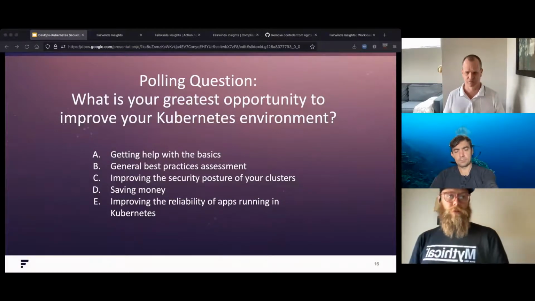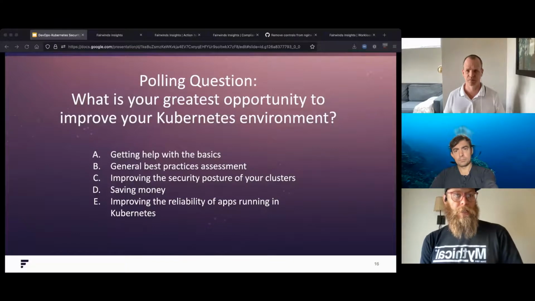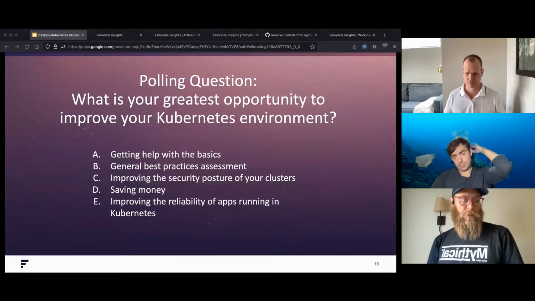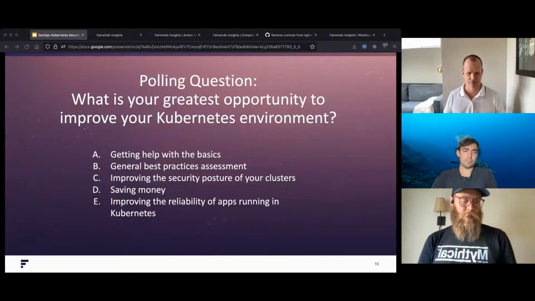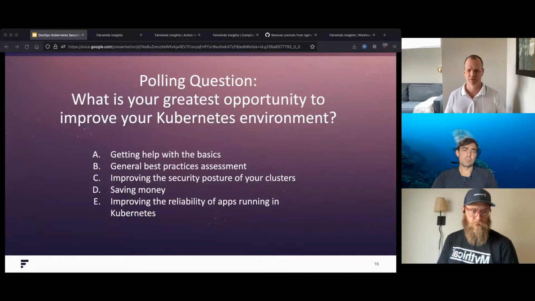We'll pull up what those results are here in a second as people are filling that out. Okay, results as they're coming in.